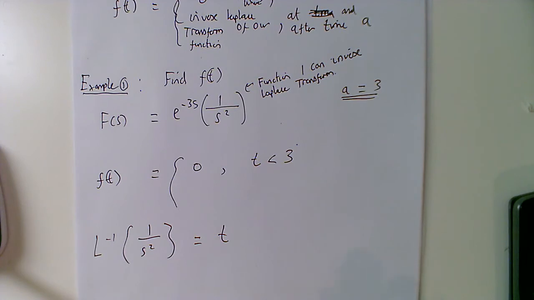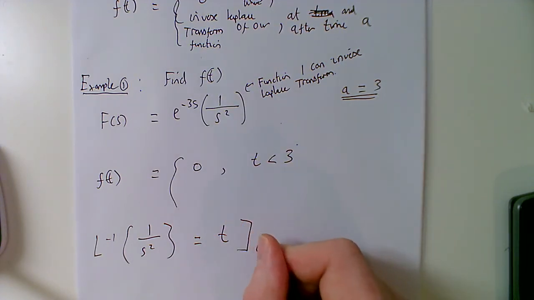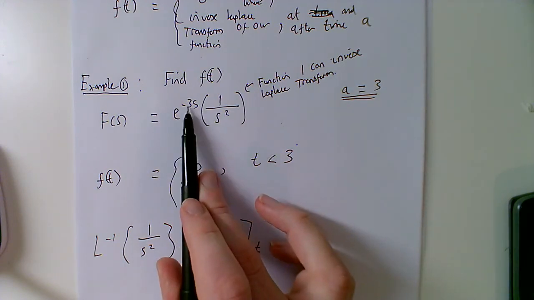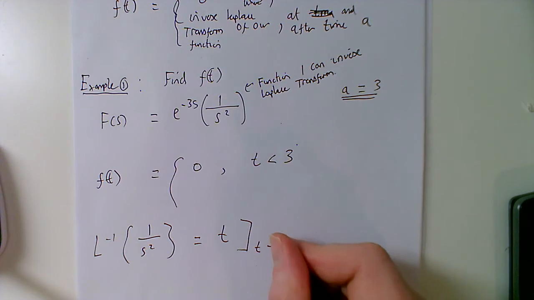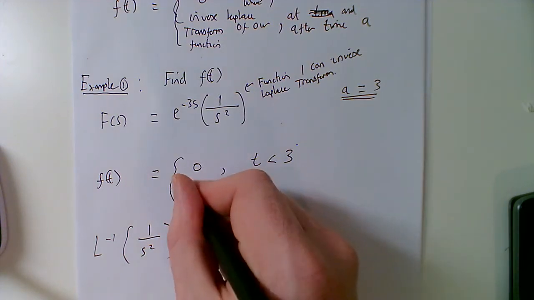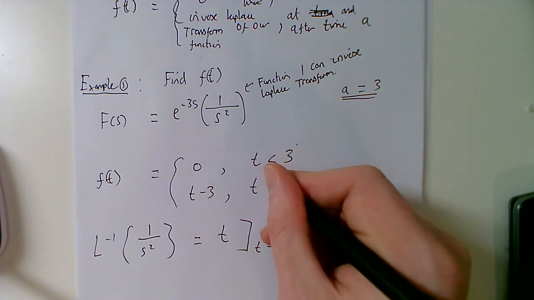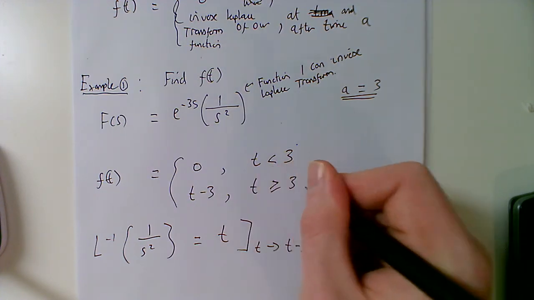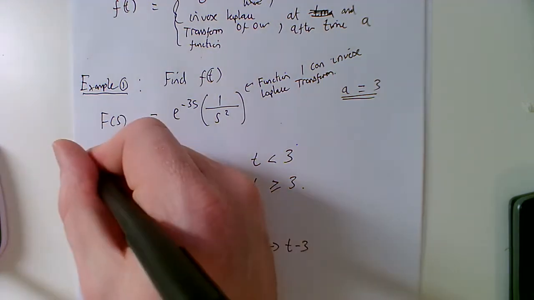But this t, because of this 3 here, is going to be t take away 3. So that means this is t take away 3 for every t greater than or equal to 3. And that's my answer there.